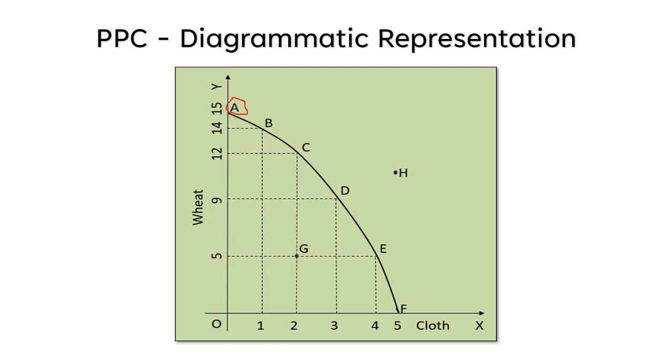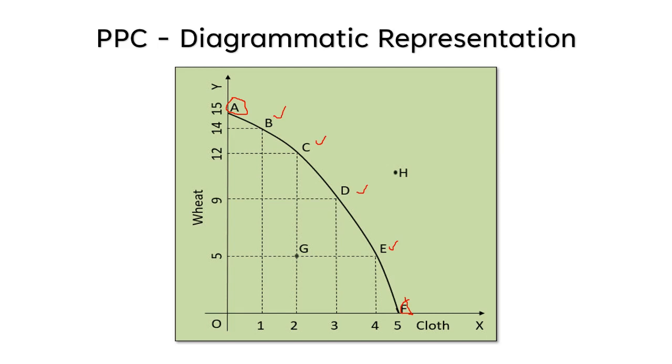At point A we are producing 15 units of wheat with 0 units of cloth, which means that combination A consists of only production of wheat and we are not producing cloth at all. Opposite to that, at point F we can see the country is producing 5 units of cloth with 0 production of wheat. That's why AF can be considered as the production possibility curve. And between these two extremes, different production possibilities are there, like B, C, D and E.